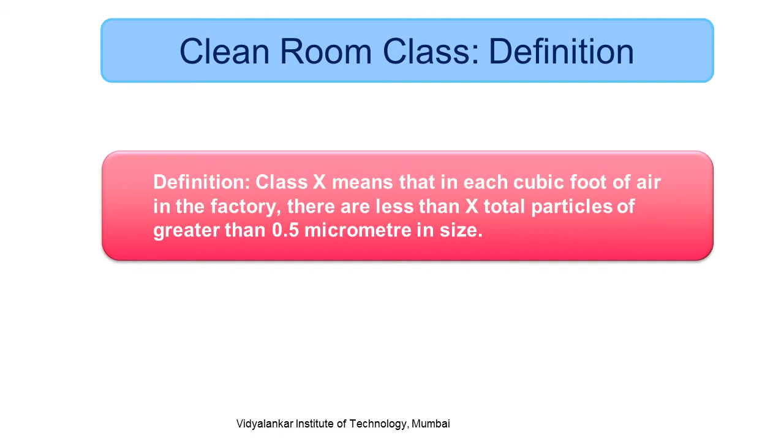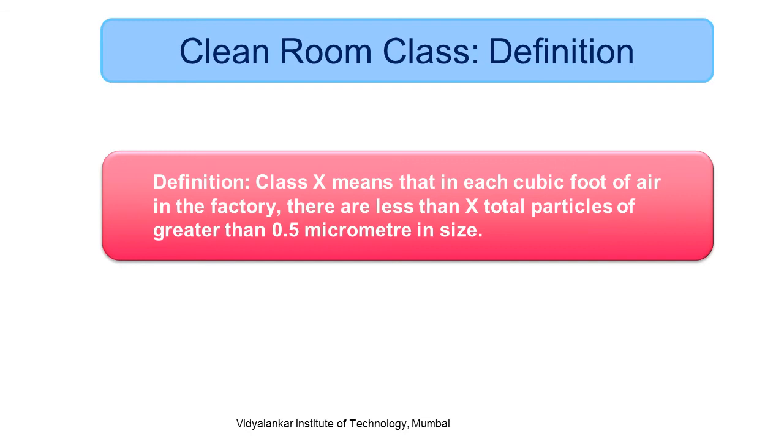For example, Intel's Fab 32 in Arizona is a class 10 clean room, meaning that there are less than 10 particles of greater than 0.5 micrometer in size in a cubic foot of air. That is called a class 10.